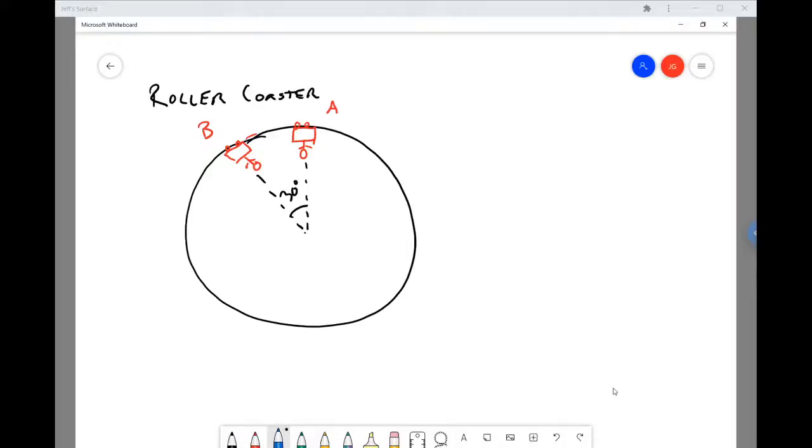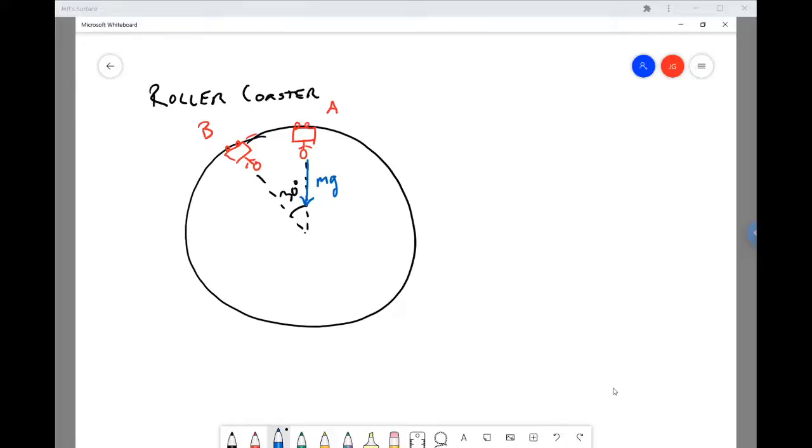All right, so at spot A, what are the forces that act on this child? Well, the force of gravity is always pulling down, equal to the weight of the child. All right, m times g. See, I'm not writing Fg or W anymore. I'm just writing out that weight is mass times g.